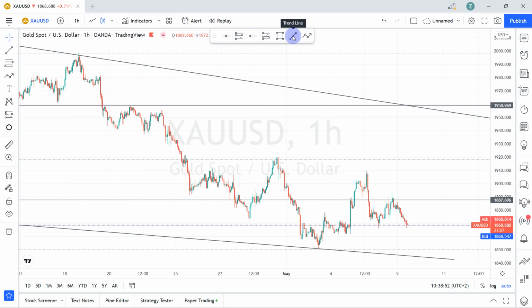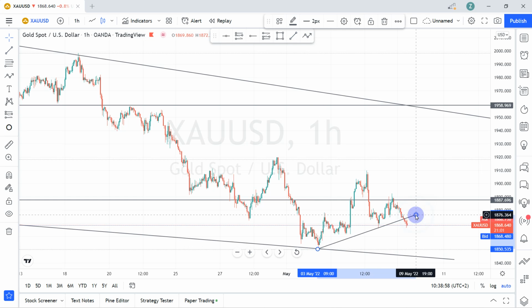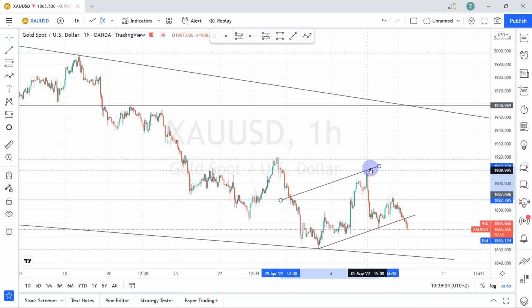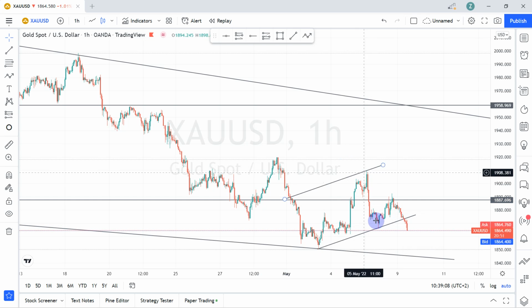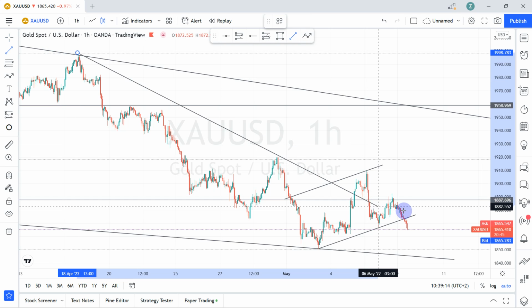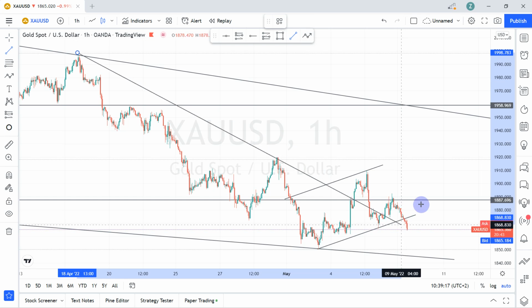So seeing that gold is giving me this bearish trend line, as you can see, gold has broken out of this trend line, and I also want to cater for this right here. Okay, let me see.